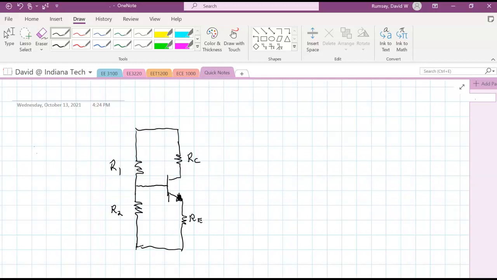Now, for your lab, they've actually specified RC and RE. There's ways you can design without those specified, but those have been specified. So this is VCC, and then I'll put ground down here.